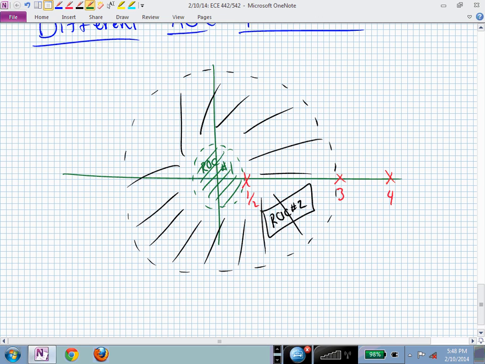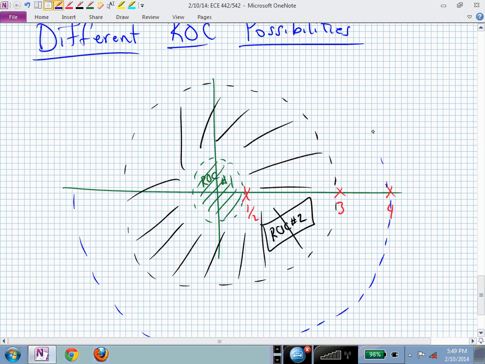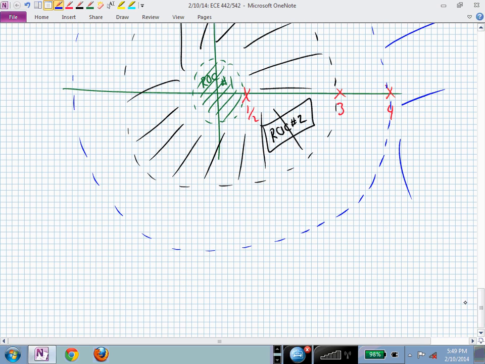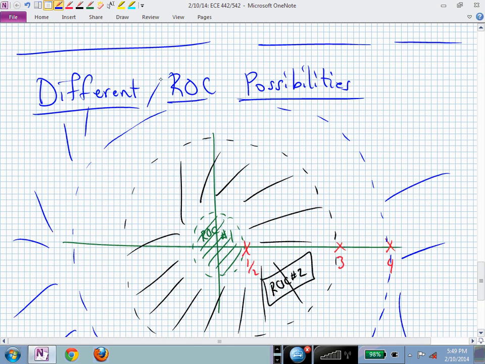And then my last one is actually going to be beyond 4. By definition, none of these poles can live inside a region of convergence.